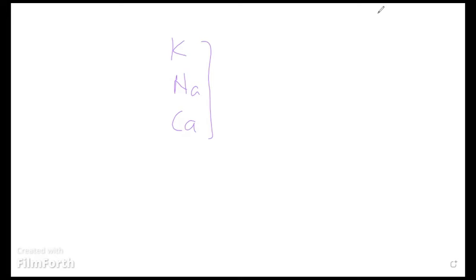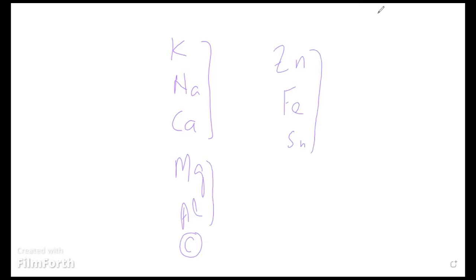Next, from magnesium, aluminum, zinc, iron, tin. These are moderately reactive metals.